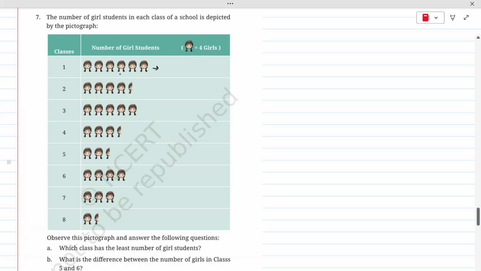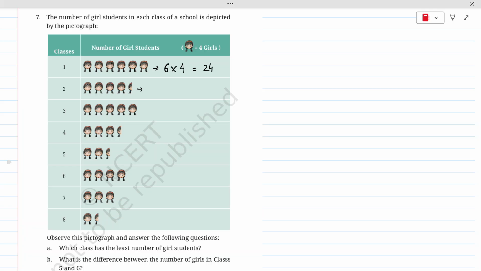In the first one we have 1, 2, 3, 4, 5, 6 complete pictures, and each picture goes to 4 girls. That means 6 multiplied by 4, which will give us 24 girls in class 1. Now going to class 2, we have 1, 2, 3, 4 complete girls and 1 half girl.